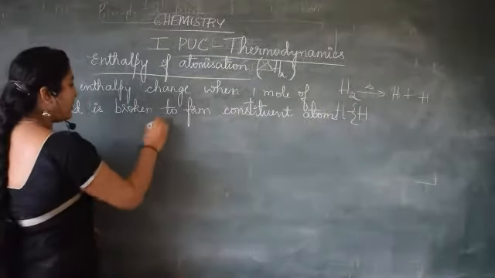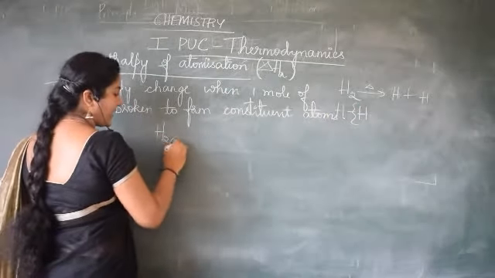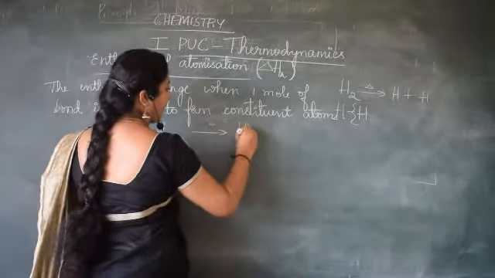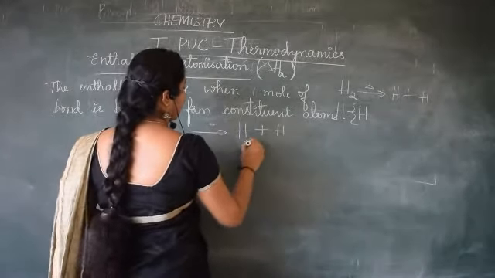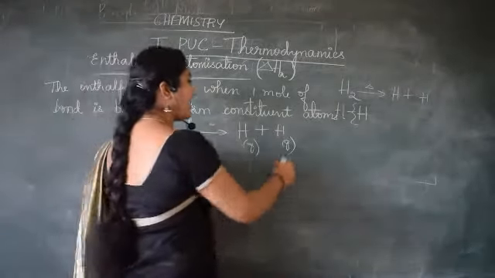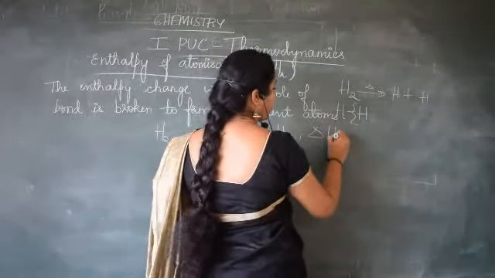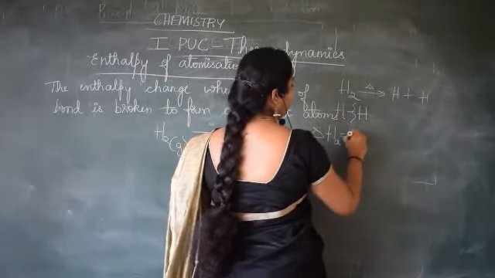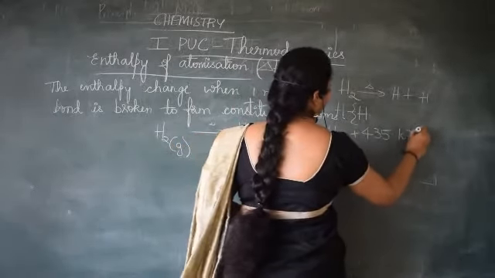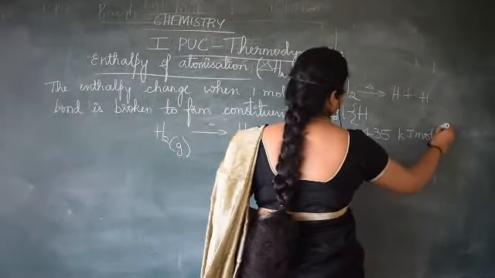For example, H2, which is a gas, gets decomposed into H plus H, that is atoms of hydrogen, and here the enthalpy change value will be around 435 kilojoule per mole.